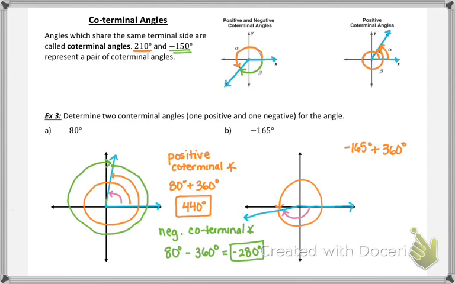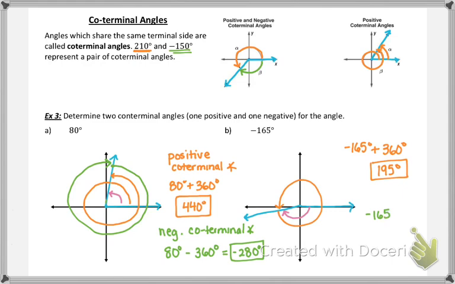And so that's going to give me 195 degrees. That would be the positive coterminal angle. And if we start at the initial side, this is 180 right here. That would be positive 195 degrees. 180 plus 15 more.